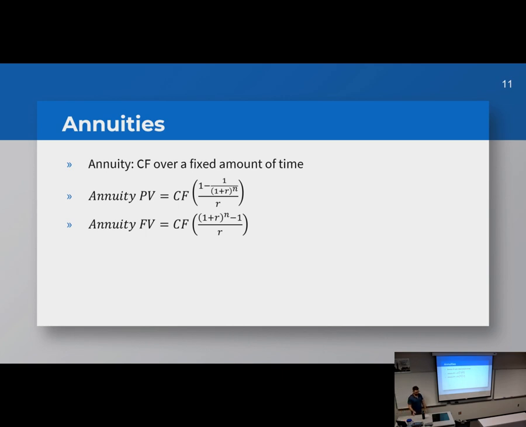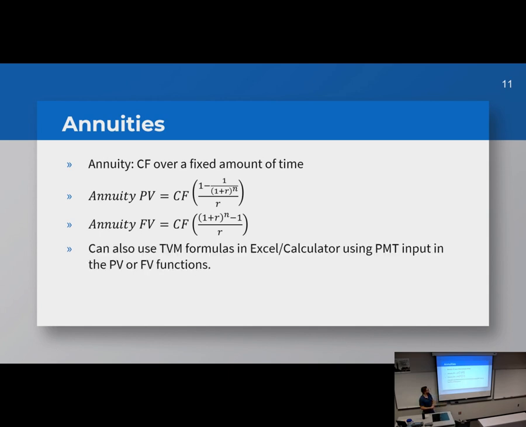Okay. But structured as a time value problem, it's very similar. Right, so we do have the formulas for present and future value annuities, but again, cash flow table and the time value function in Excel, I definitely recommend using those instead.